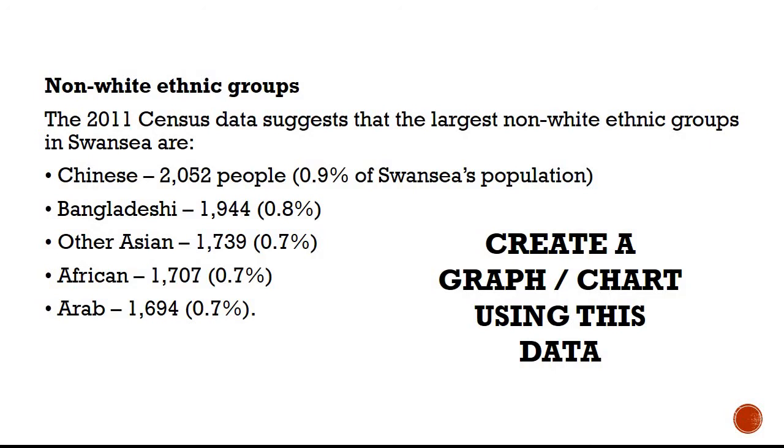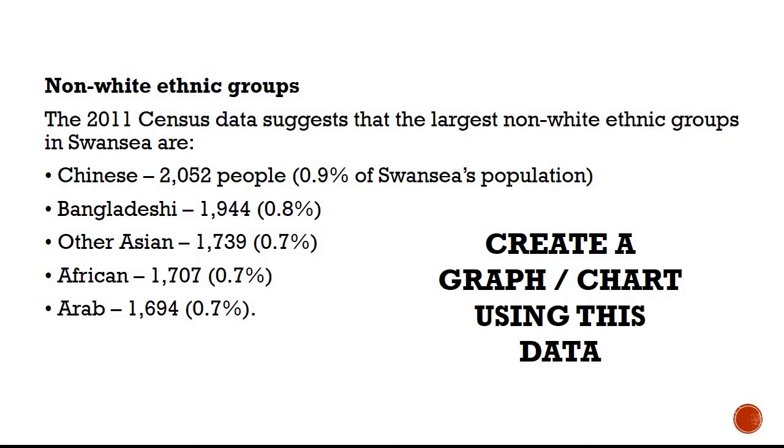So create your graph on Excel, put it into the columns, and then you're going to highlight the data you've entered into the columns, and then you're going to insert a graph. And on the graphs, when the different graphs you can use come up on Excel, it'll also say recommended chart. So click on recommended chart and see which one it recommends and use that.